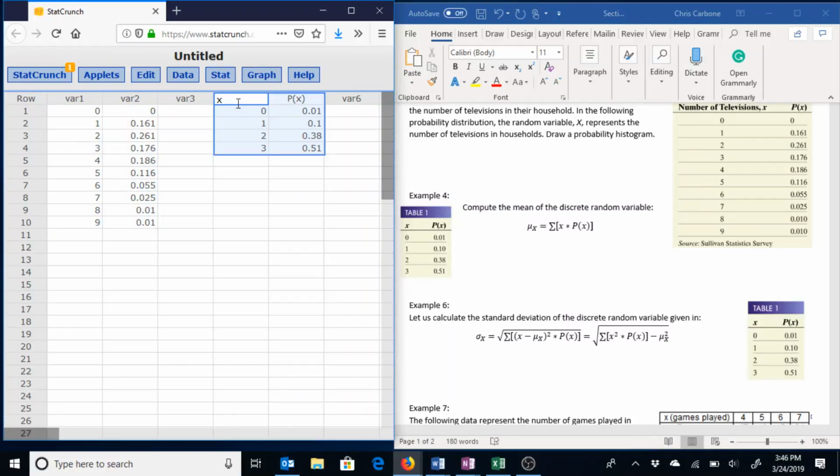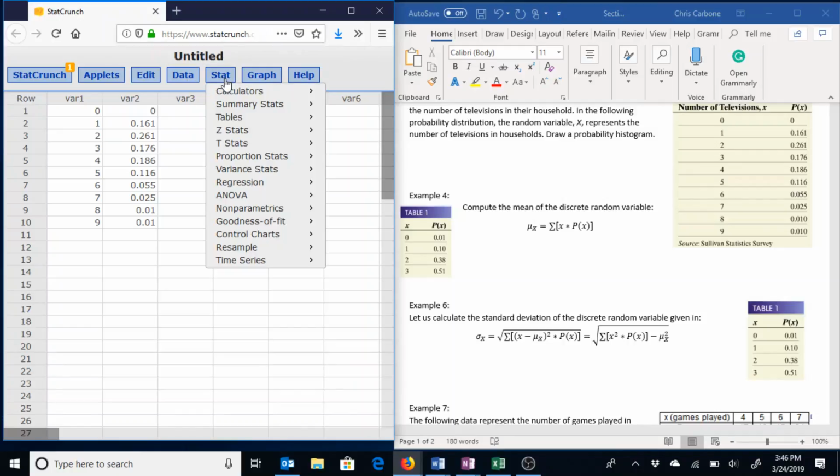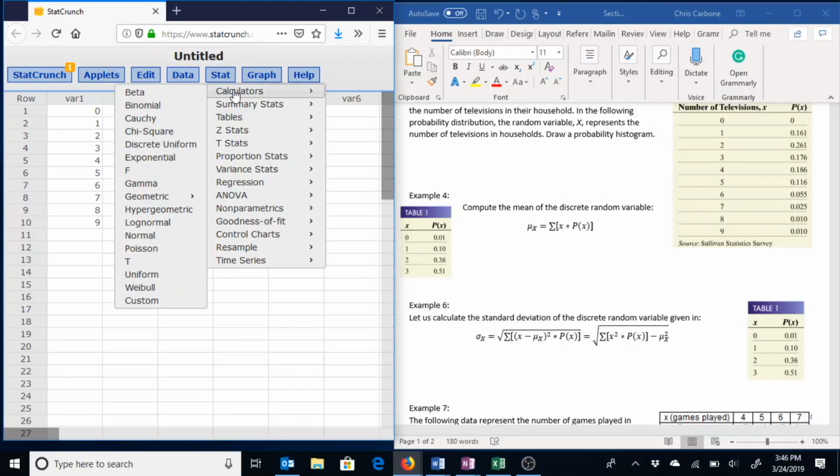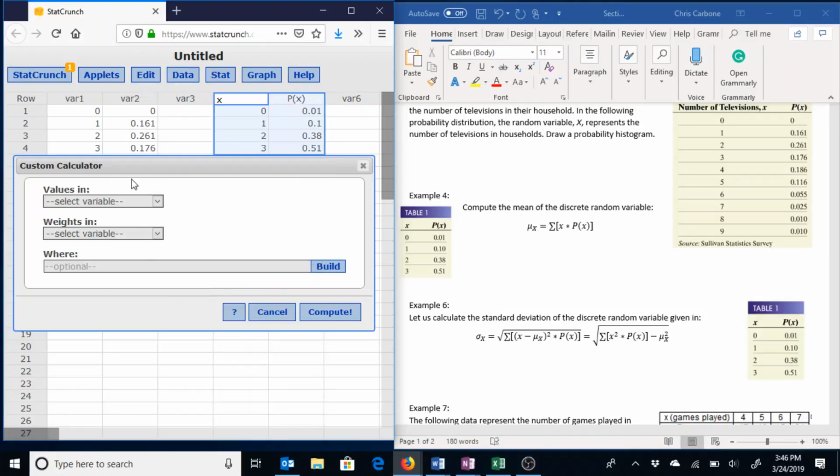But once you have that data inside of StatCrunch, in order to get the mean and standard deviation, we are going to go to Stat, Calculators. And for this one, we want to go all the way down to Custom. Click on that. The values in would be the x value of the table I just pasted, and the weights would be the P of x, the probabilities that we just pasted.